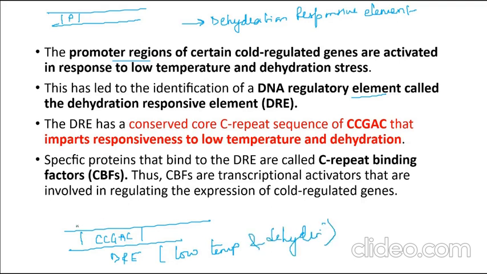There are some specific proteins which bind to this DRE element. They are known as C-repeat binding factor, or CBF. So with DRE, CBF proteins will bind. These CBFs are transcriptional activators involved in regulating the expression of cold regulated genes.